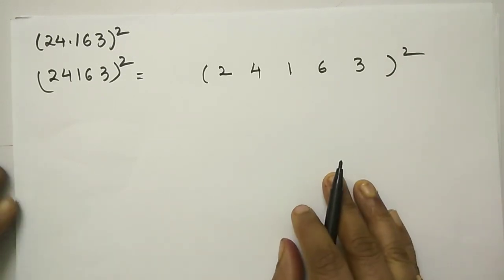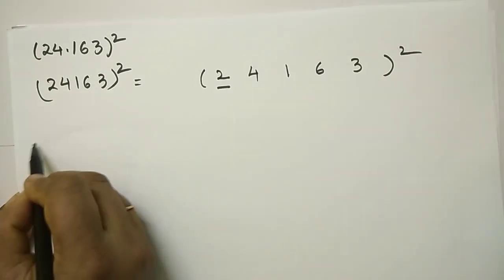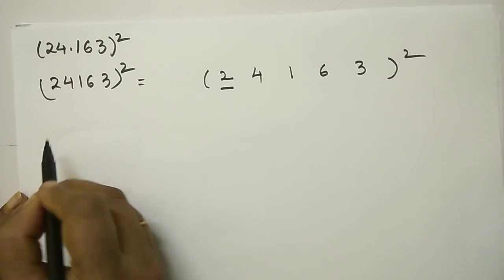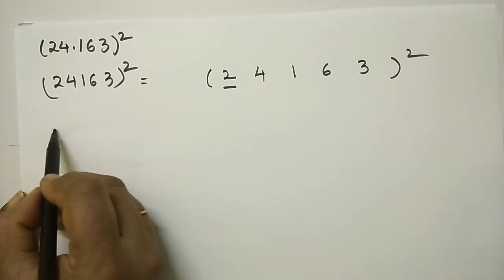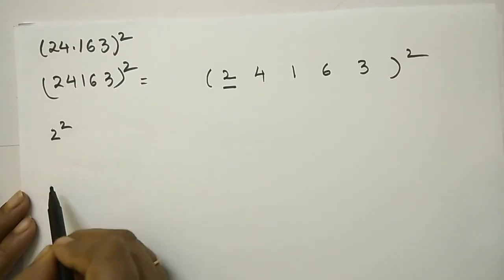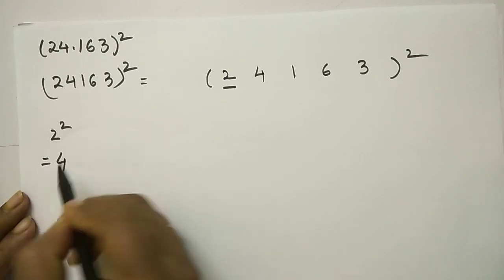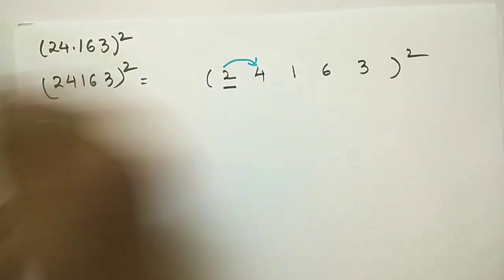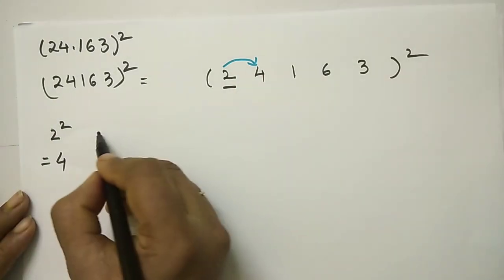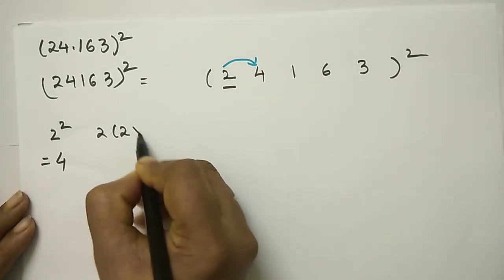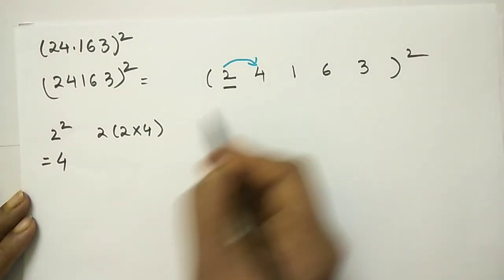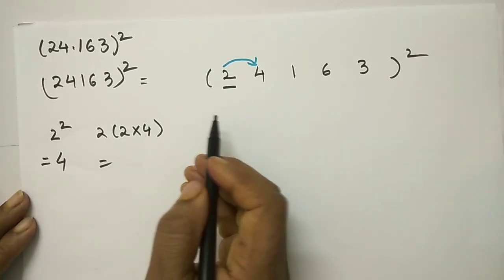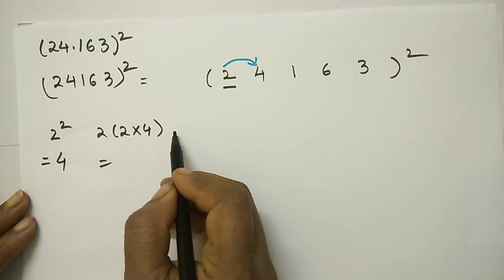First we have to write the square of the number. So it is 2 square, which is nothing but 4. Next you have to find the product of these numbers. So 2 into 4, in the middle no number is there, so there is no need to write the square of any number.